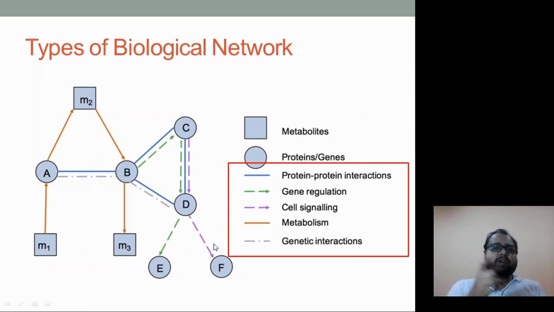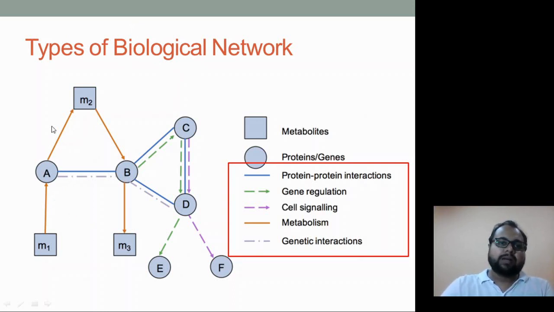If you want to know the database of the cell signaling pathway, there's KEGG. KEGG is a database which gives you the information of your cell signaling and metabolic pathways. The fourth one is your metabolism or your metabolic biological pathways.